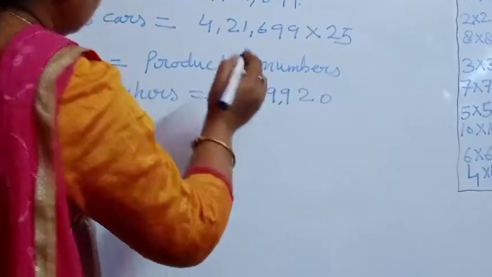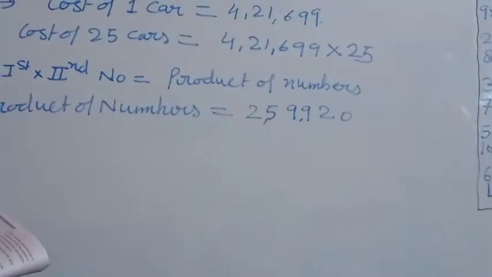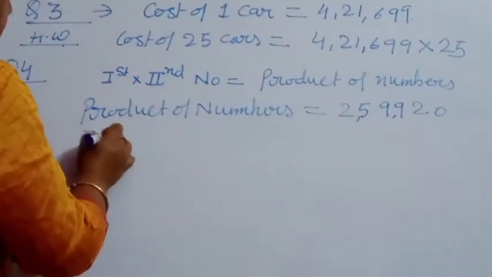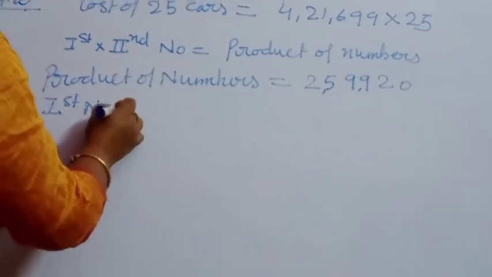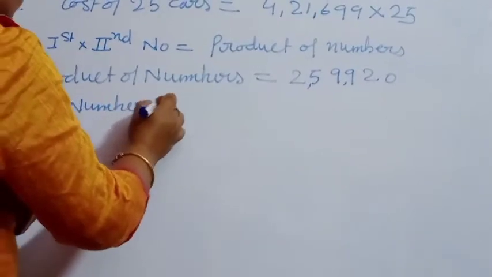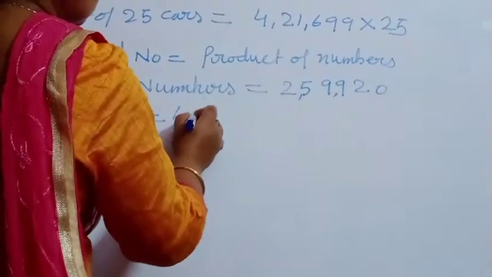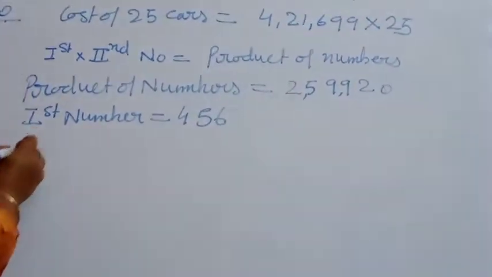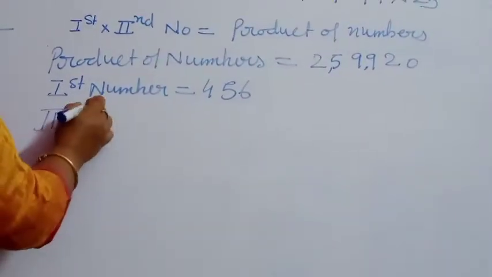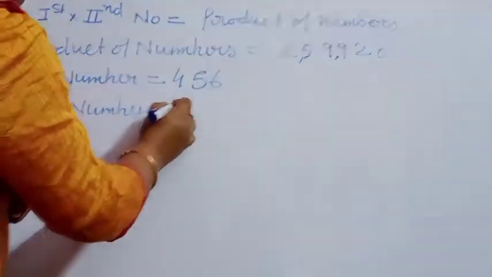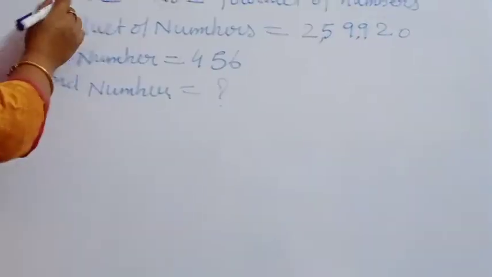Okay. This is your product of numbers. And one number, we can take as first number. First number is equal to 456. And we have to find second number. Second number is equal to what? Now put the values here.